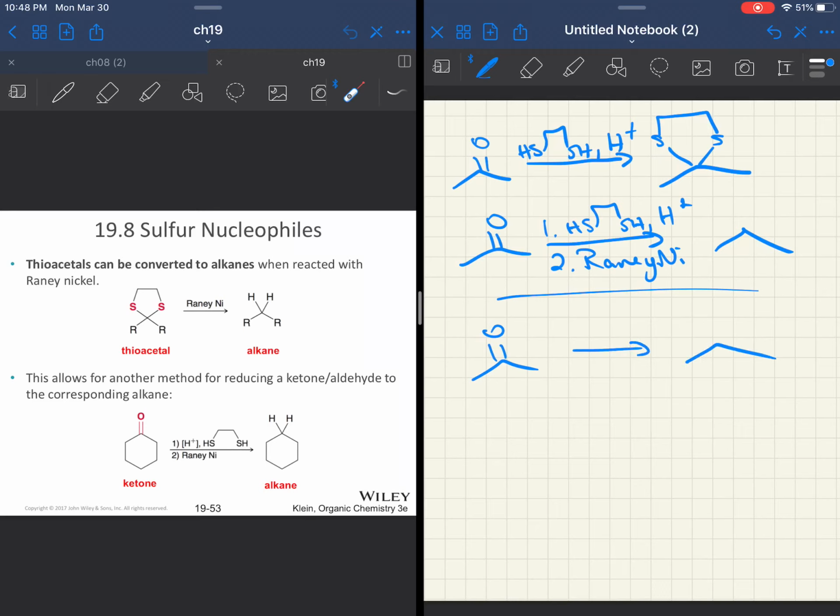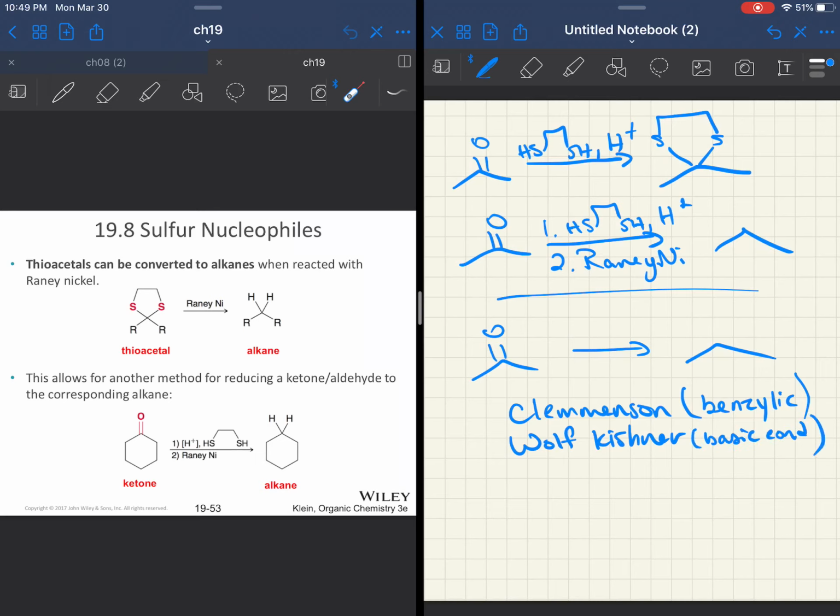So for reductions, to go from a ketone to an alkane, you've got Clemmensen. Clemmensen is good for benzylic carbonyls. We saw that when we did all of our aromatic chemistry. You've got Wolff-Kishner, which is done under a basic condition.